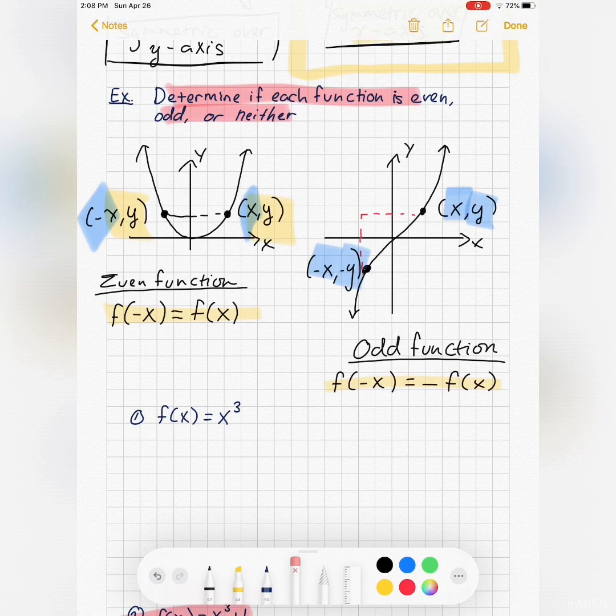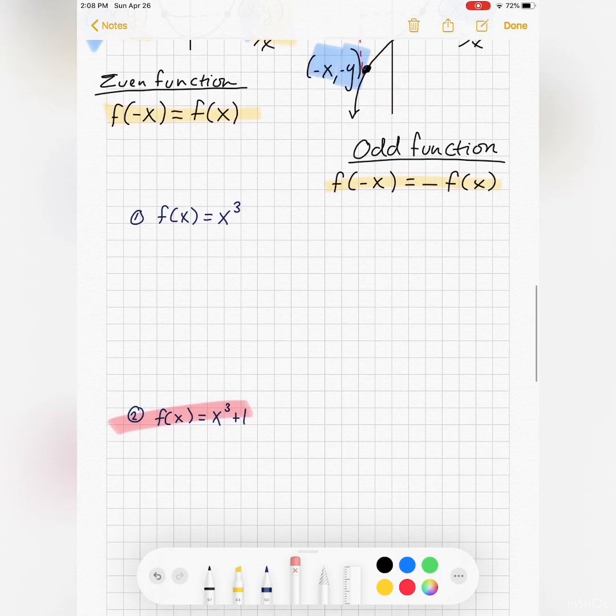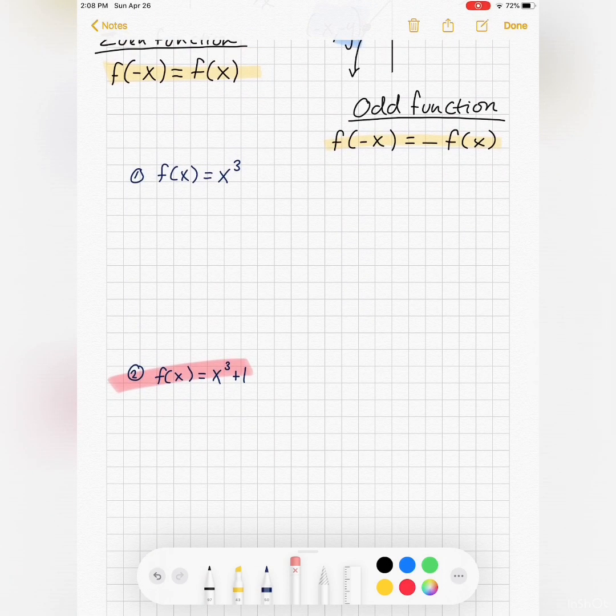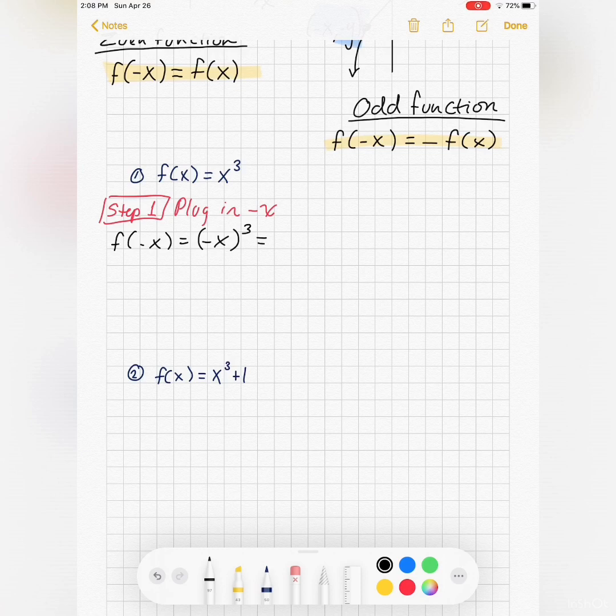Here's the first example, and I'd like to use these tests. Here's what I do. Step one, plug in negative x. So let's find f of negative x. I have an odd exponent, so that would stay negative.